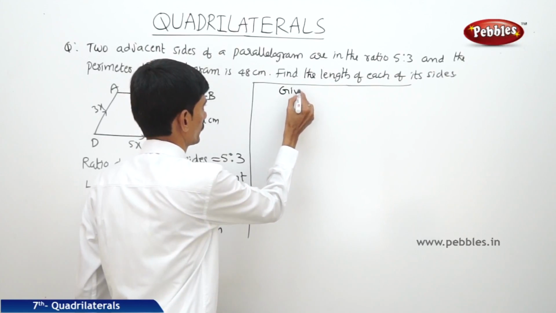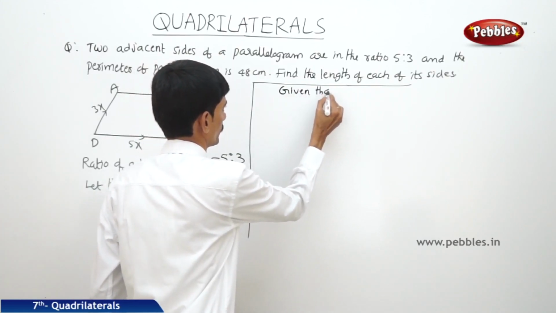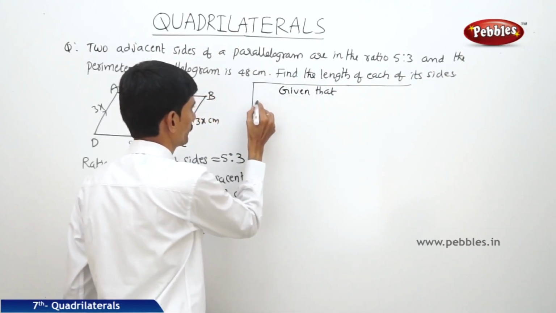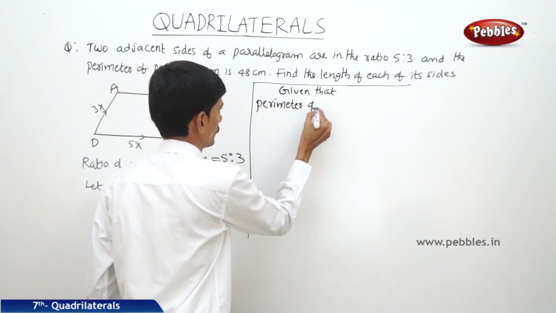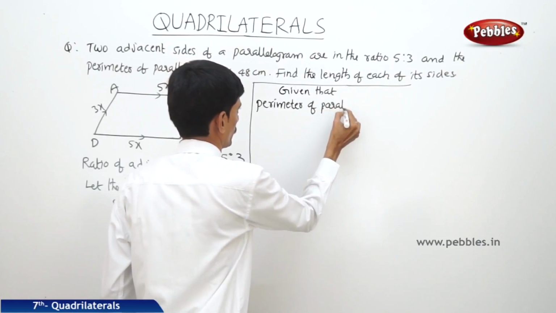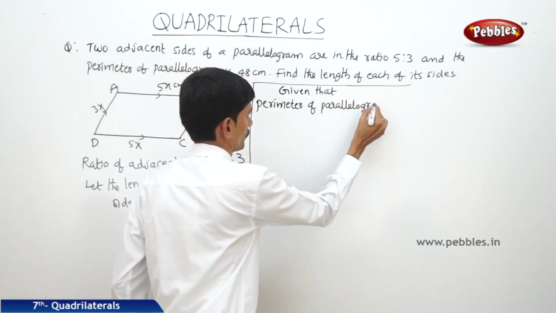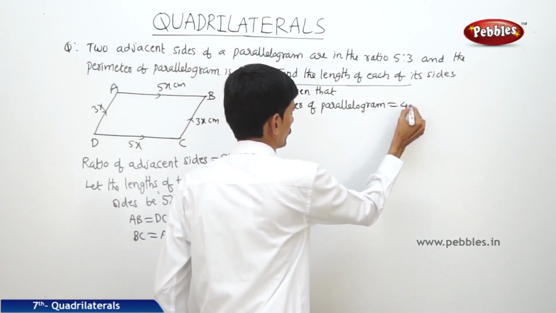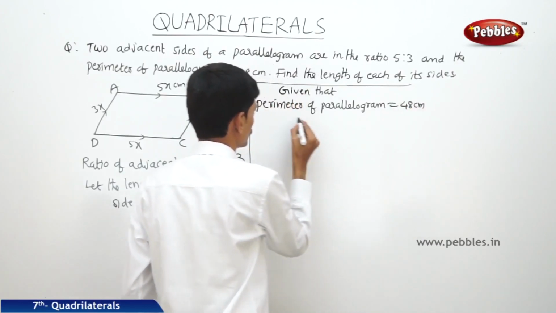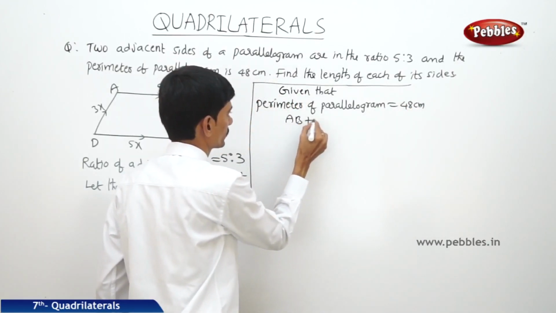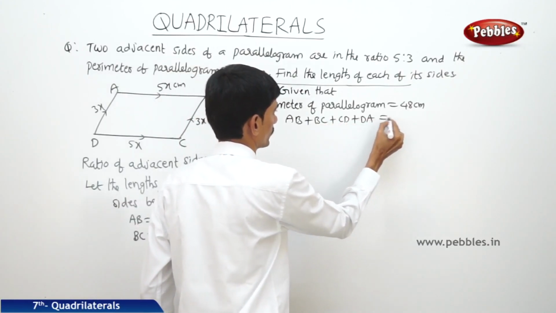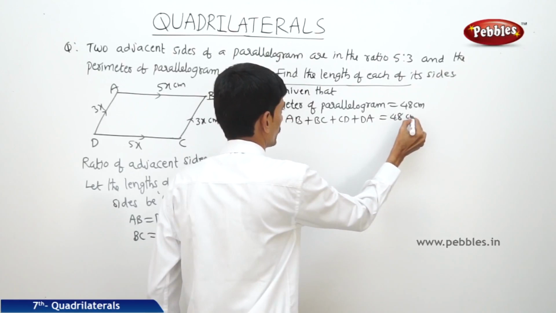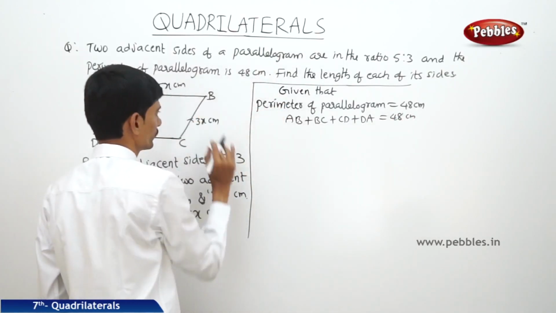Now given that the perimeter of the parallelogram equals 48 centimeters. So AB plus BC plus CD plus DA equals 48 centimeters, the sum of the lengths of the four sides.